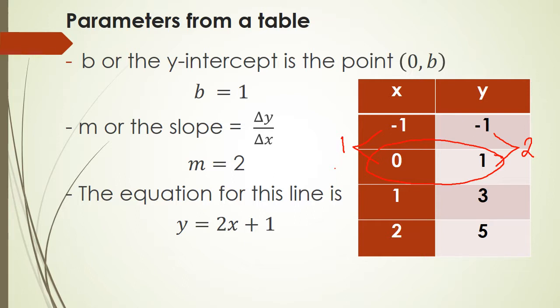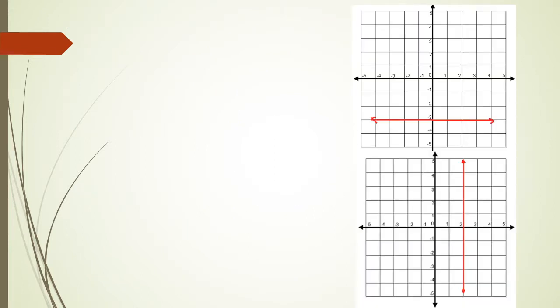2 is the slope, and 1 is the y-intercept, or b. Now we have special cases here. The first special case is horizontal lines. Horizontal lines, as we said before, have a slope of 0. That means that the only thing that I'm going to have in that equation is the y-intercept.